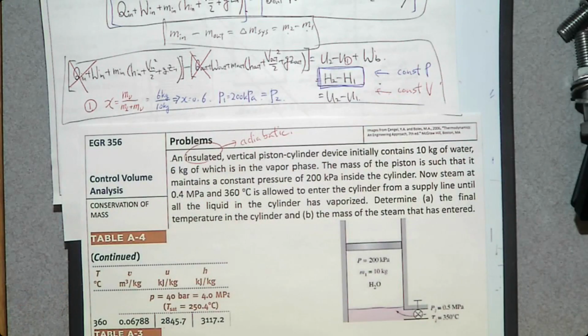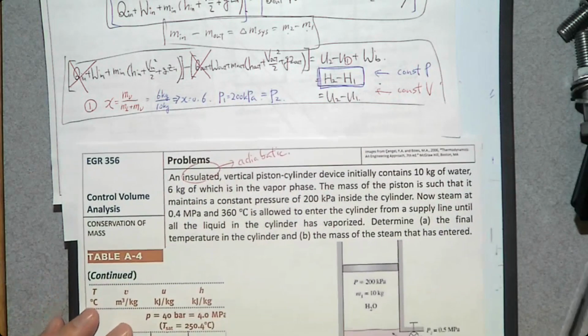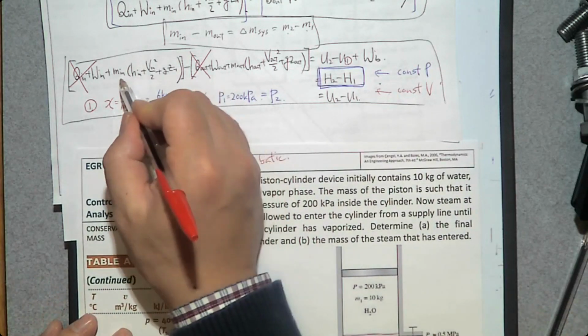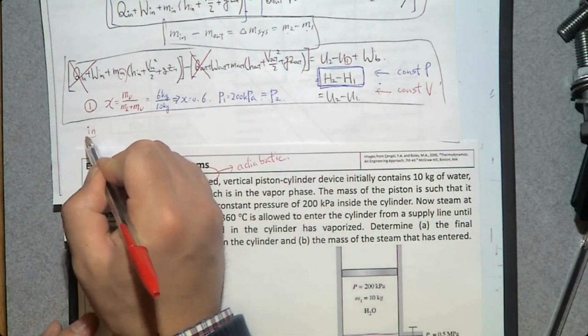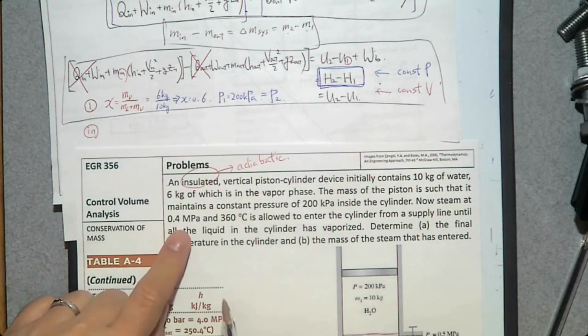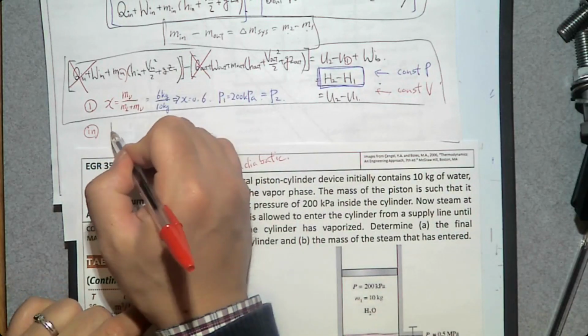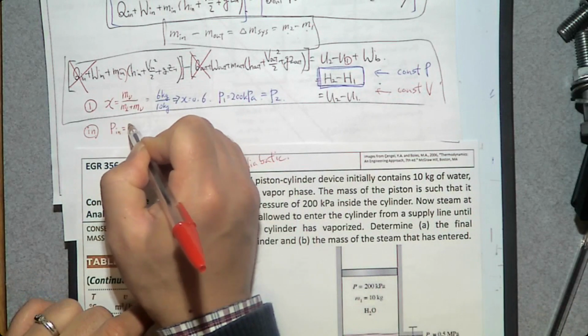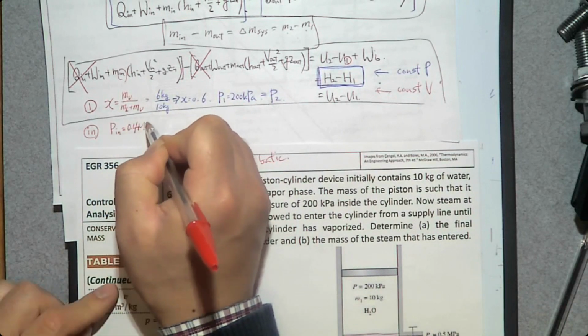Now steam at 0.4 megapascal and 360 degrees Celsius, that is at the inlet. So P at the inlet is 0.4 megapascal.